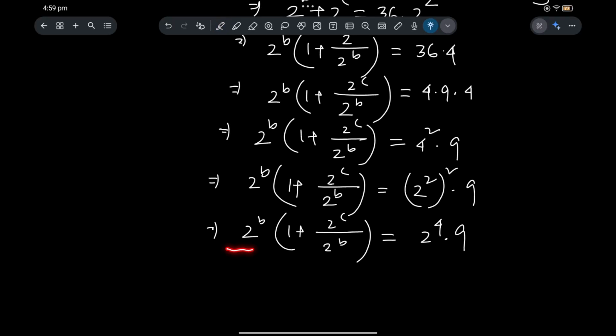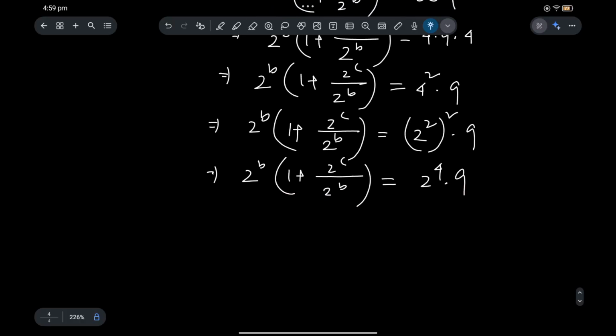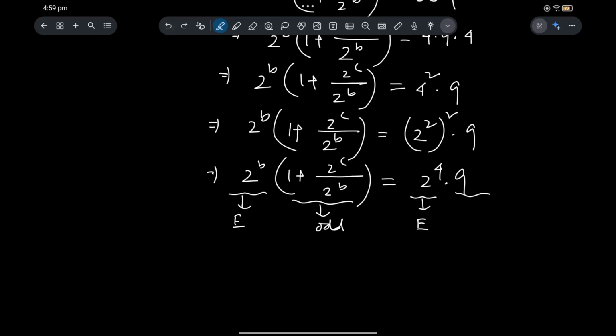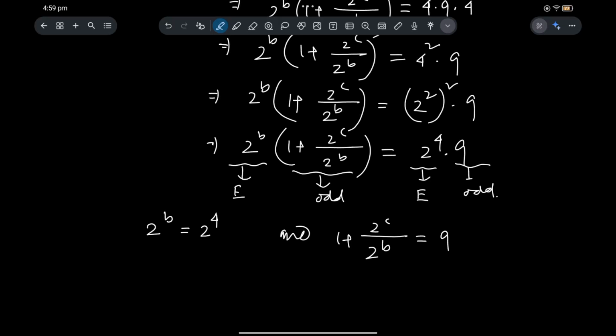Again we can say this is even, this is odd, this is even, and this is odd. So even equals even and odd equals odd. So 2 to the power b equals 2 to the power 4 and 1 plus 2 to the power c over 2 to the power b equals 9.